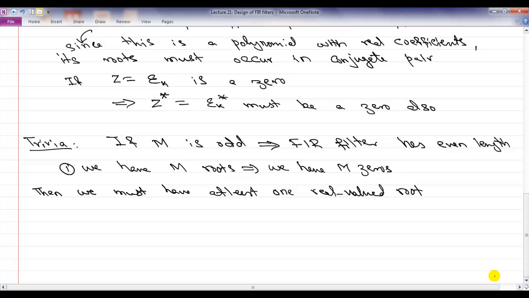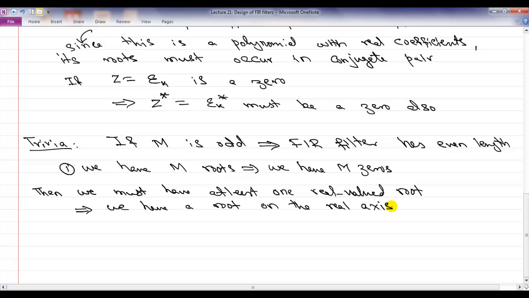Now in the z plane, this means that those roots have to lie on the real axis. Okay, so we have a root on the real axis, at least one.